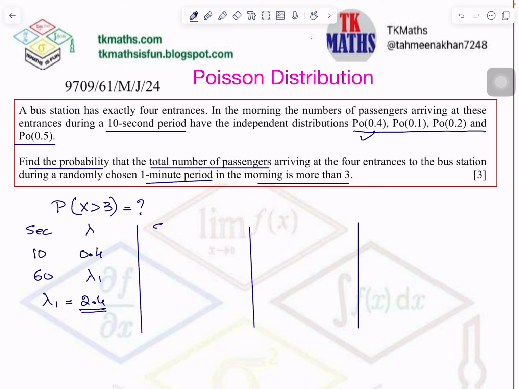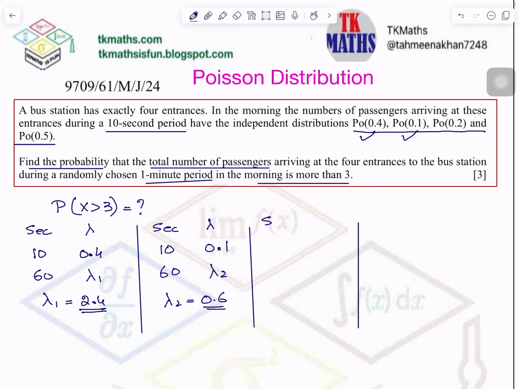Now let's do the second one. I'm doing it one by one so that everybody is comfortable. Again for this entry, what will be my lambda? I'm calling it lambda 2. 60 times 0.1 divided by 10. So it will be 0.6. So this is my lambda for the second entry.